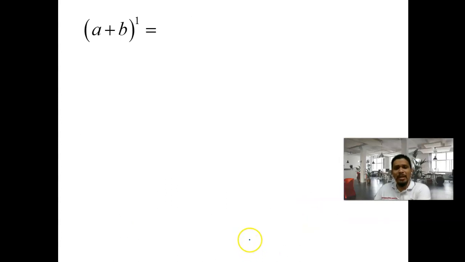Okay, so class, for (a + b) to the power of 1, which I think is easy for us, it's going to be a + b. For (a + b) to the power of 2, okay class, before that, let me explain something here. Sometimes students make a simple careless mistake.